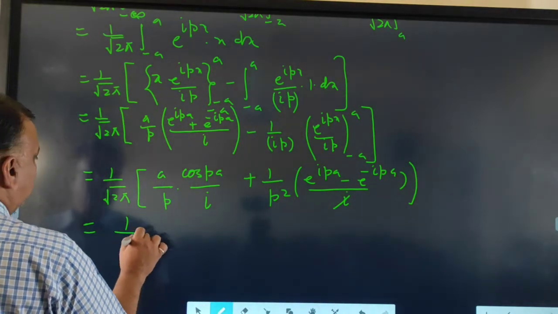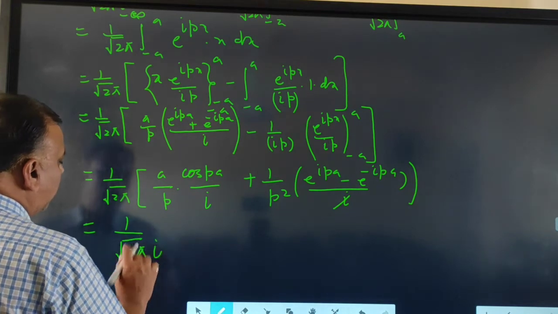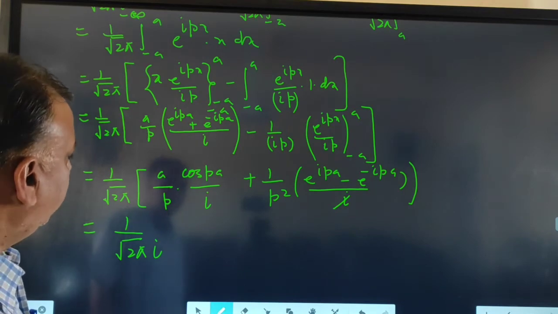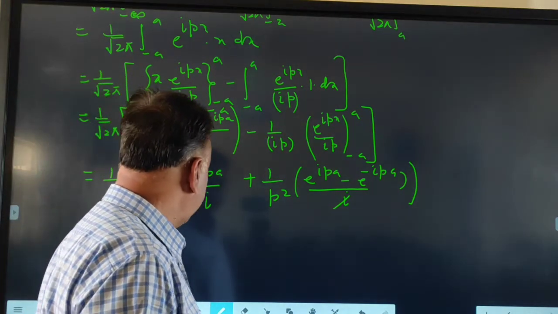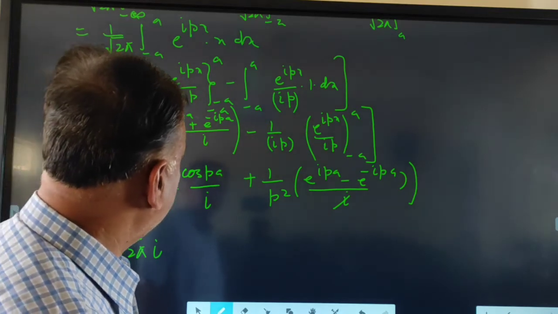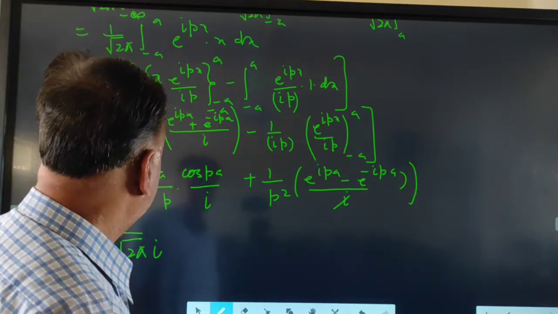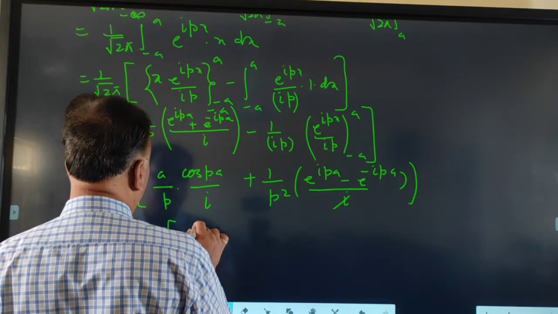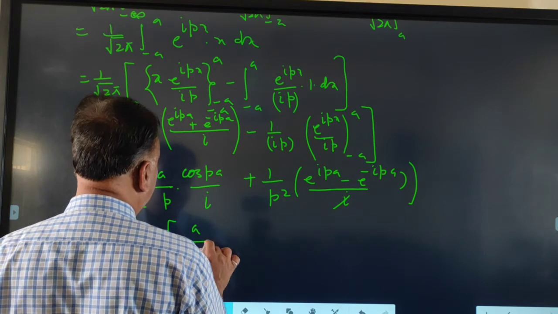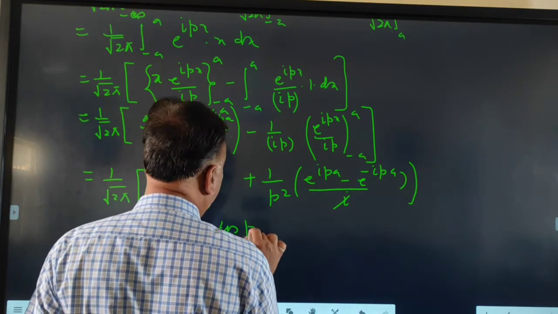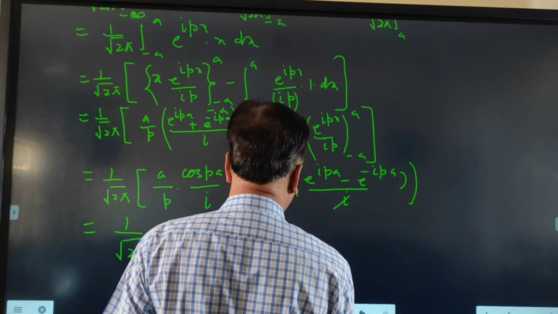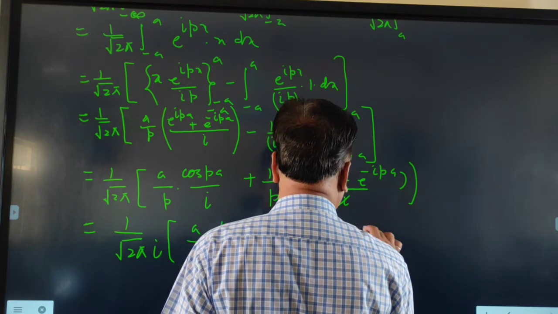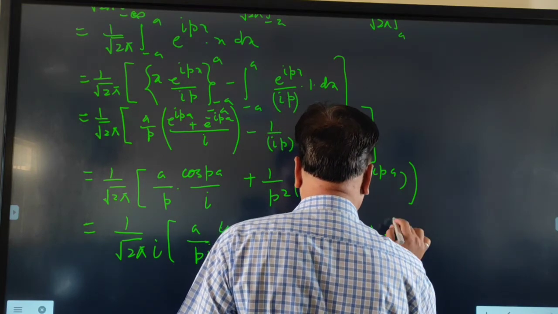So we get 1 upon root 2 pi into iota. If you multiply this by iota, then we get 1 upon root 2 pi upon iota times [a upon p iota cos pa plus 1 upon p square times sin pa upon 2 iota].